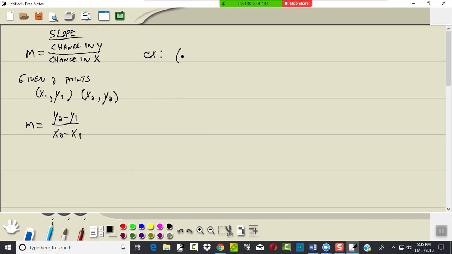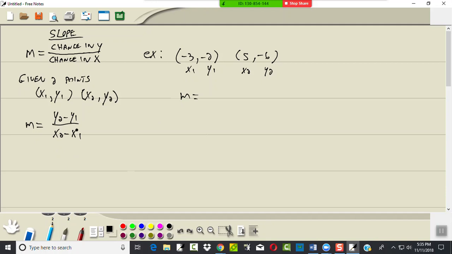So if I had (-3, -2) and (5, -6), and I wanted to find the slope between these 2 points, well, first off, this is my first point, so I'll label this as x1, y1. This is my second point, so I'll label this as x2, y2.